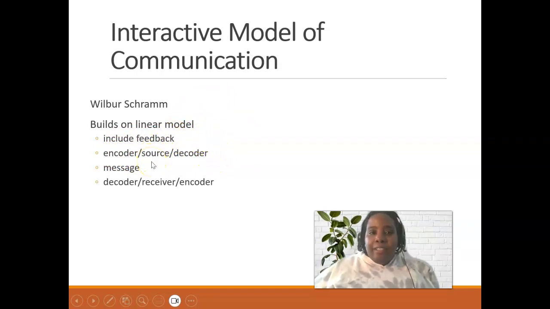We take into consideration who's the source of that information. We craft our message, and both sender and receiver are doing the same thing. So it builds upon the linear model, and we're going to look at pictures of what that looks like in a minute, and then we will go over the transactional communication model.